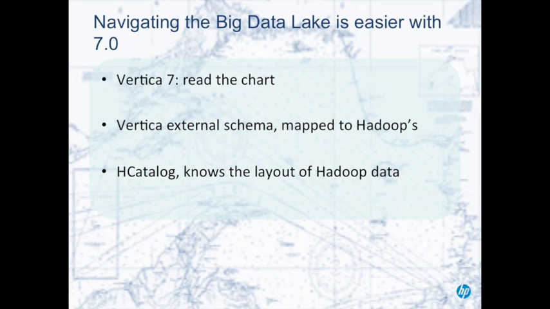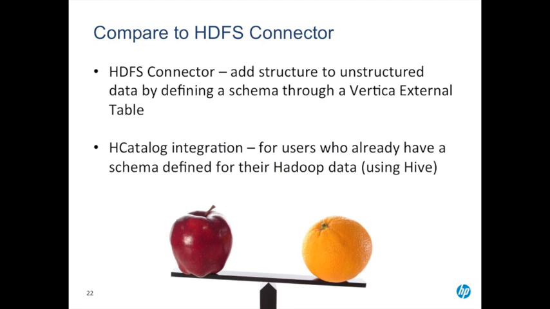So what is really the difference between the HDFS connector and the H catalog integration? With the HDFS connector, you add structure to unstructured data by defining a schema through Vertica external tables. And of course, we're still going to support that functionality. So if you've been using that and you're happy with it, it's still out there.